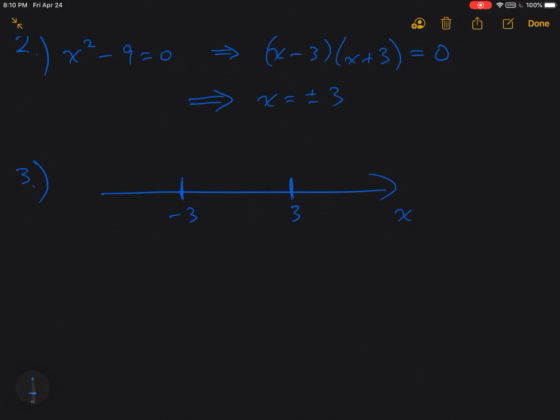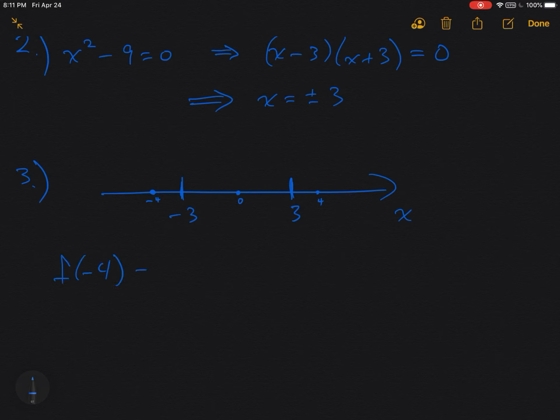And the way that we decide whether it's positive or negative on each of those intervals is we're just going to plug in a specific test point on each of these intervals. So maybe I'll test the point negative 4 and I'll test the point 0. 0 is usually a good test point. And I'll test the point 4. By plugging those into the function f, I can see whether f is taking on positive or negative values on that region.